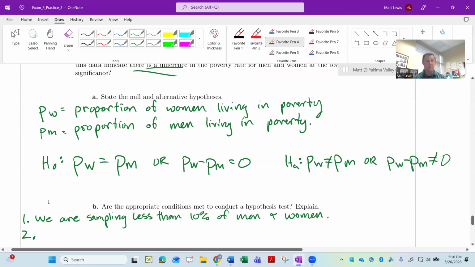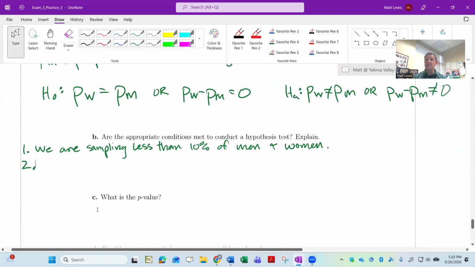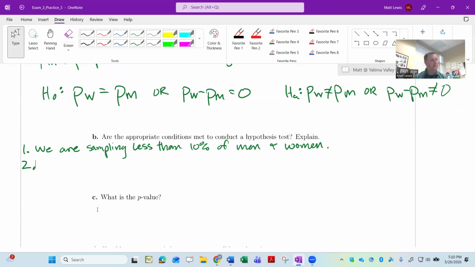Now, in number two, remember, we're supposed to be checking a success failure condition anytime it's proportions. Now, this is a little bit tricky because the success failure condition means that based upon my sample sizes, I need to be expecting at least 10 successes and 10 failures.